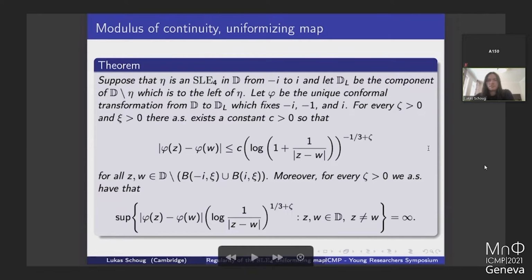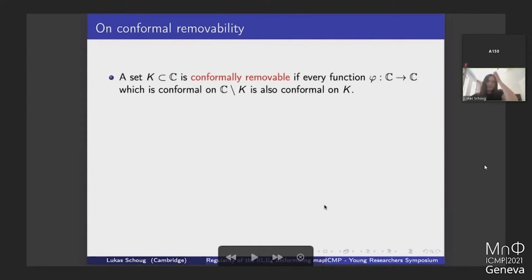So this really gives us the threshold for when it works. So this is more or less the optimal modulus of continuity that you can get here. Of course, we don't know exactly what happens at minus 1/3, where you don't add this zeta, so that's the case we don't know yet. This is close to optimal, and it fills a gap in the literature.